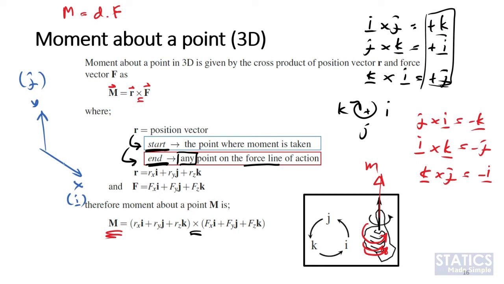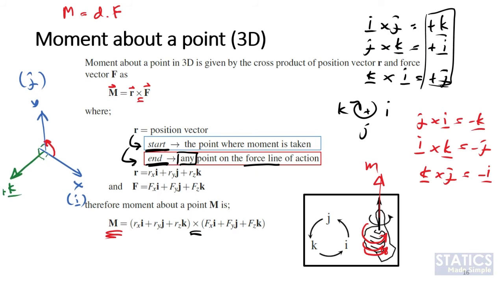So i cross j, mathematically what happens here? We have vector i cross vector j, which will give us positive k. So the positive k will be along this direction. This is your positive k direction. And k must always be 90 degrees with respect to the plane containing i and j.